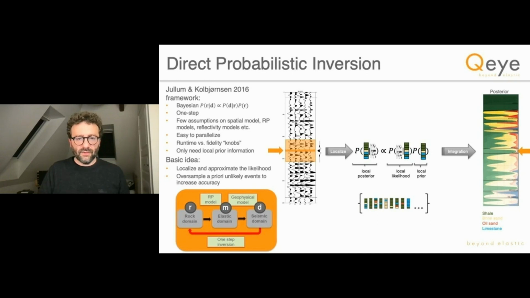This is done for many phases windows, indicated by this set of windows down here. A priori, some of these are more likely than others. This is what we'll go into in detail in the coming slides. But it allows us to integrate and marginalize out all but the center sample at the grid point. And this process is then repeated for all seismic grid points.